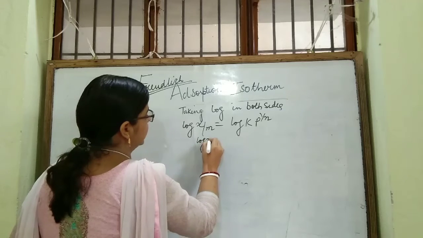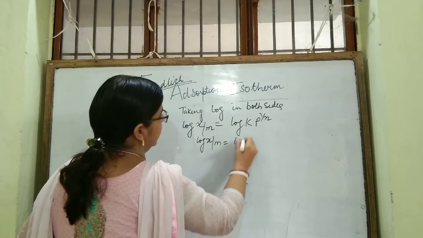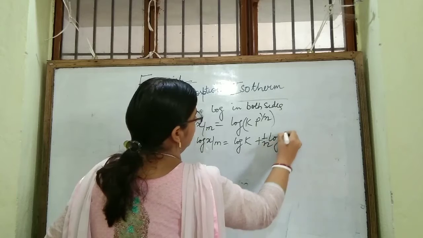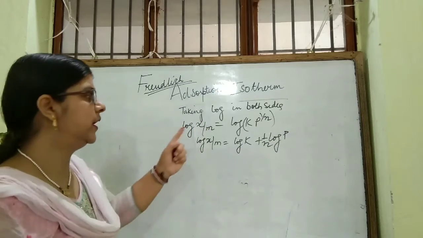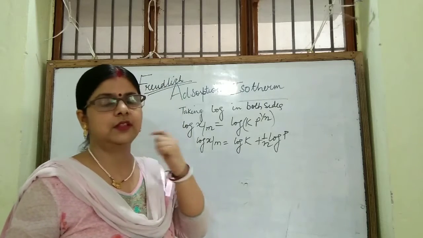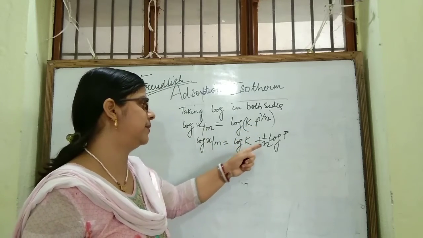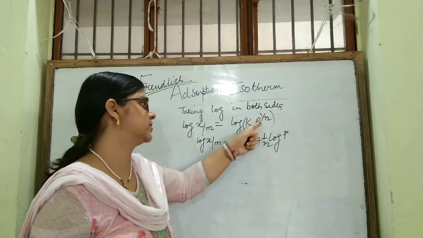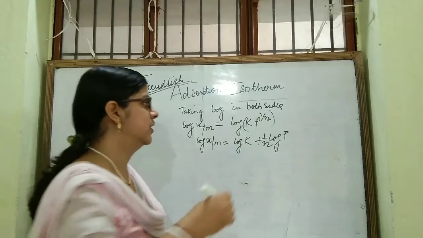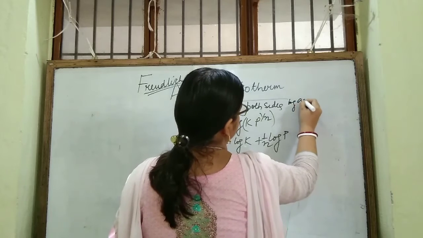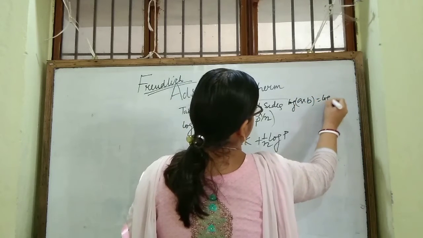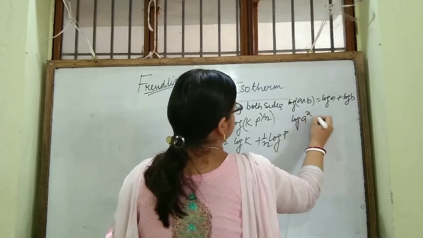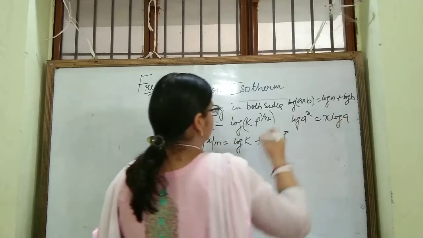So we can write log x by m is equal to log K plus 1 by n log P. Here you see we have used logarithm formulas: log A into B is equal to log A plus log B, and log A to the power x is equal to x log A. Two formulas we have used.